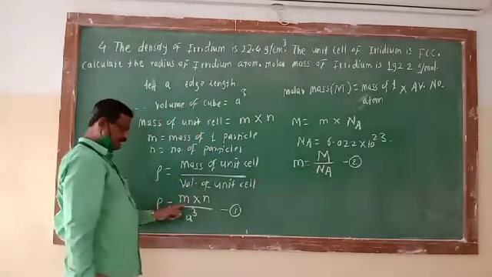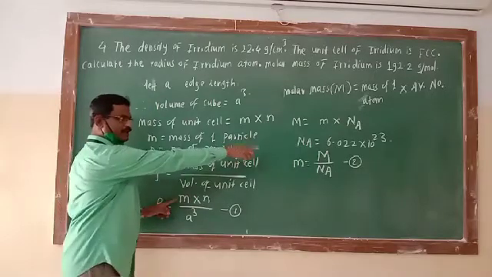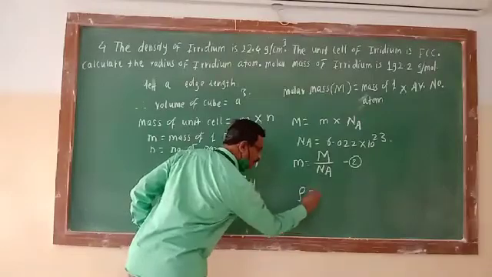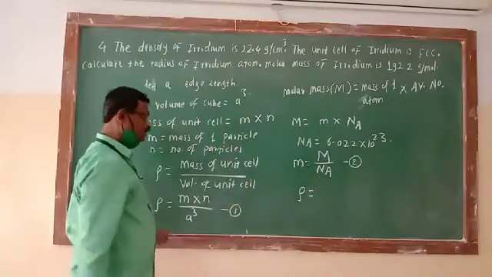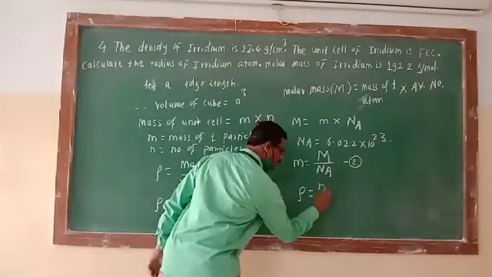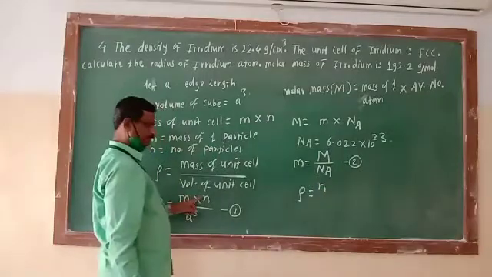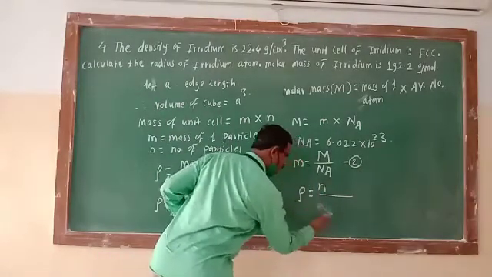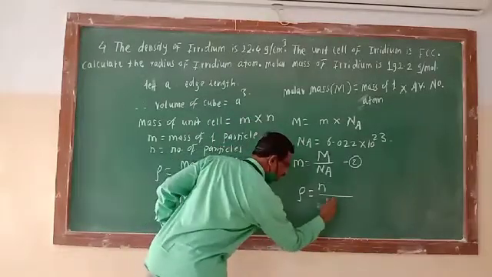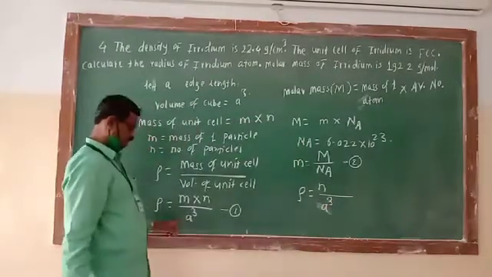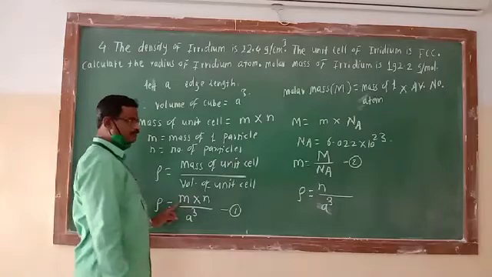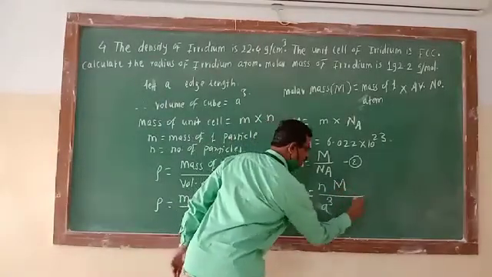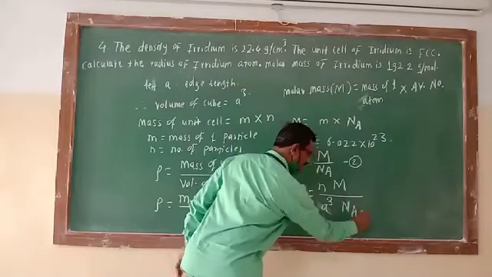If we replace this m by capital M upon Na, we will get the equation as rho density will be equal to small n, divided by V, that is A cube, and what is the value for m? It is equal to capital M divided by Na.